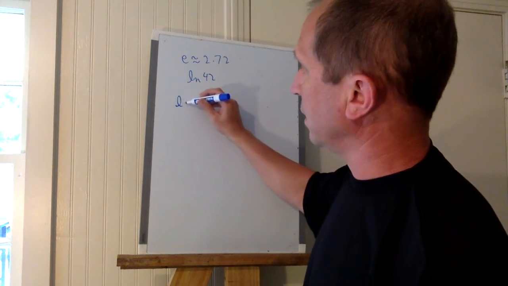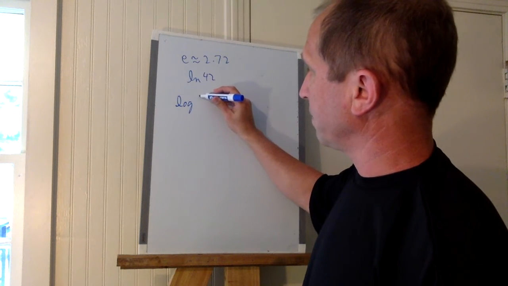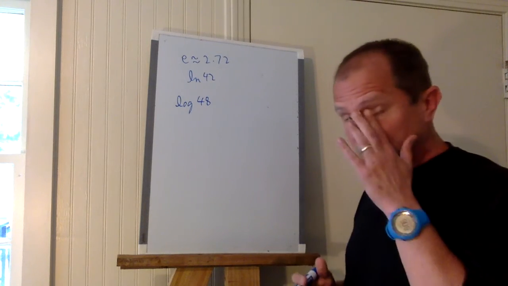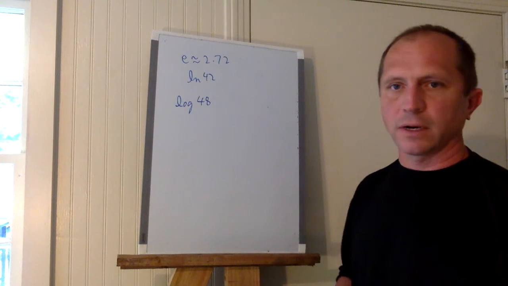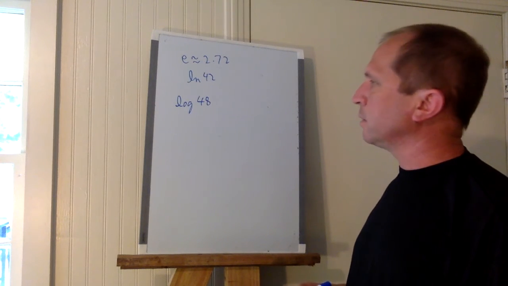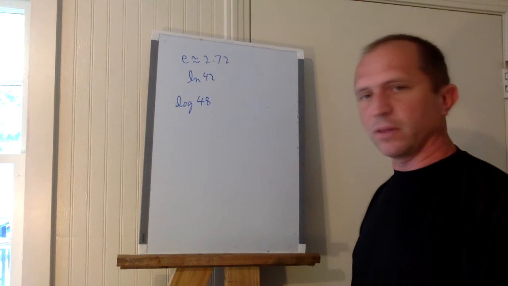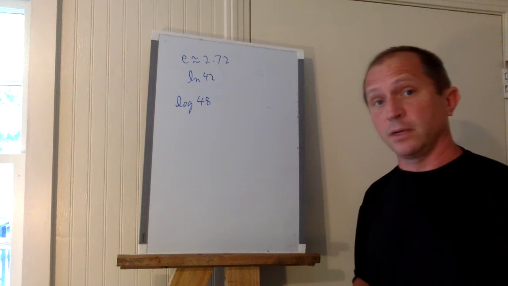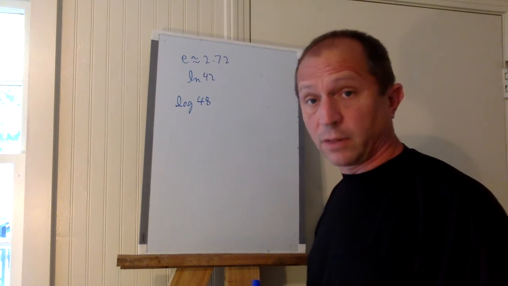Same thing with the common log of 48. 48 is not 10 to some power, so I can't just automatically figure it out. But I can type in the log of 48 and it will come up with a solution for me. There will be some problems in your homework where you'll need to do that.